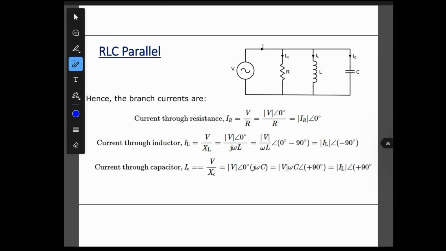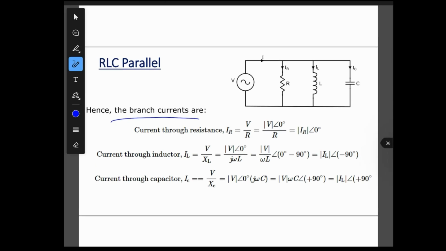Now for the branch currents, in this case we have IR, IL, and IC, the current for each branch. The current passing through R we call IR, the current passing through L we call IL, and the current passing through C is IC. This one is I total.